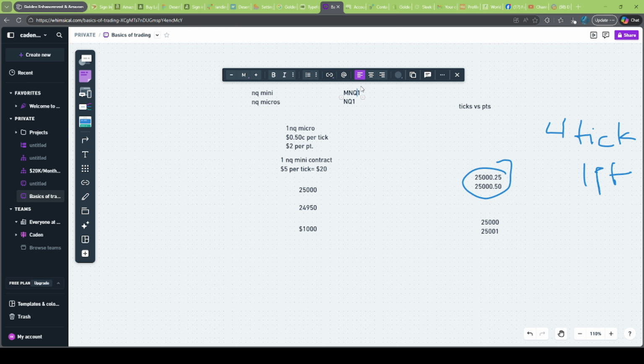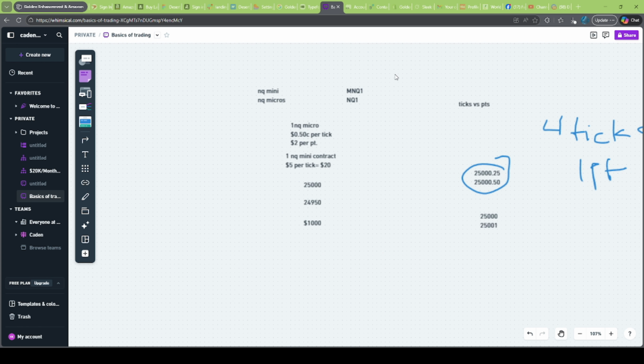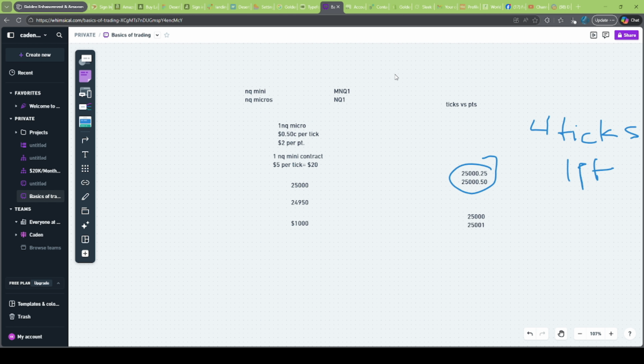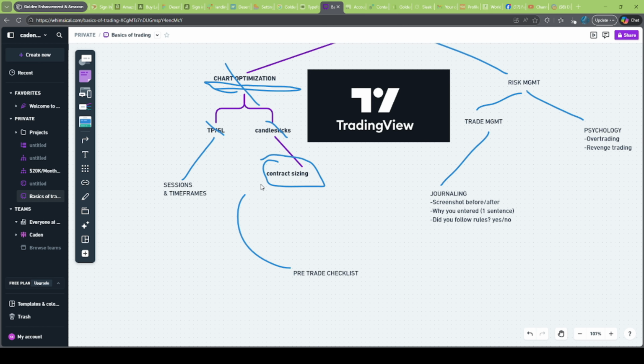So you would be trading on the MNQ pair because that is for the micros. So those are the smaller contract sizing. That way you're not blowing your account and you're not overly risking without knowing really what you're doing. So now that we understand contract sizing, let's get into our next section.